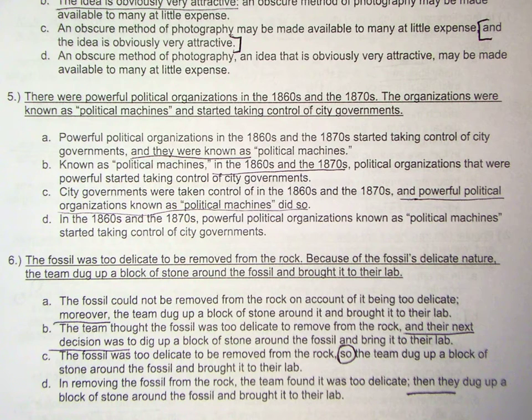The wrong spot for the commas, the wrong spot for the appositive. The structure is flawed. For letter C, to indicate that powerful political organizations known as political machines did so, it refers to the verb and it's like after the fact, referring back to it. It's wordy, the structure is wrong.